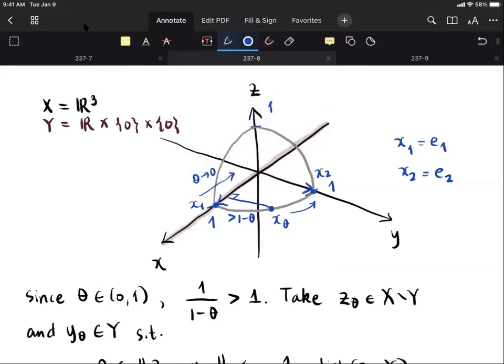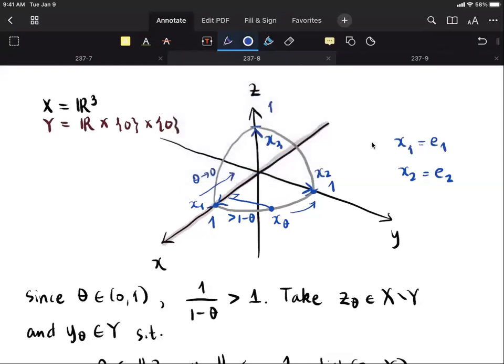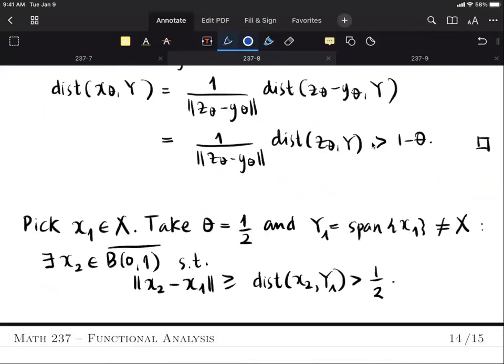Next, you now have the xy plane. Now that you have the xy plane, we want a vector that has a distance with respect to the xy plane greater than 1/2. And we can take the next point, x sub 3, to be e sub 3. So that's the next step.